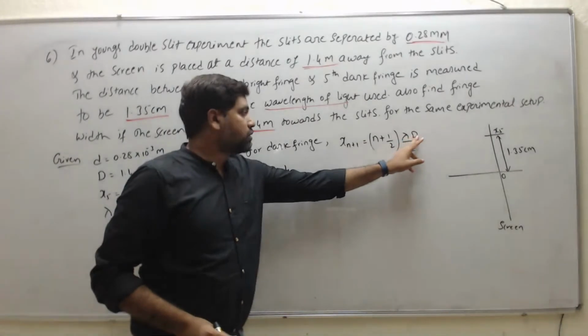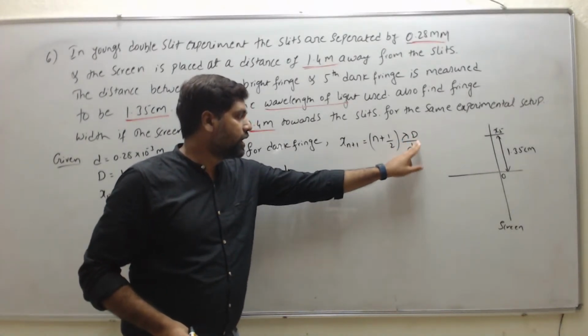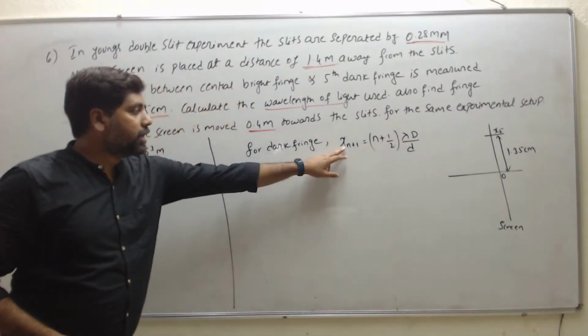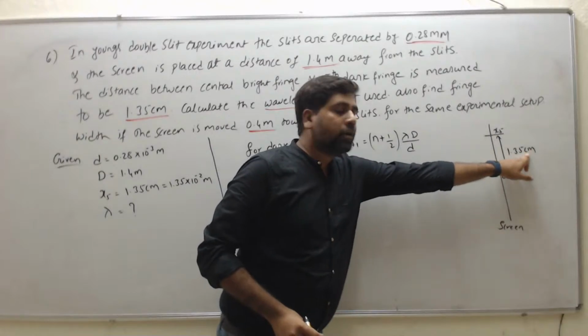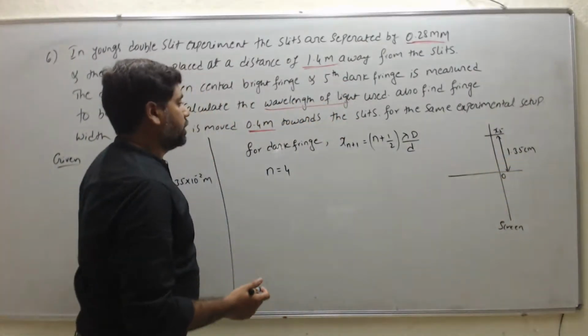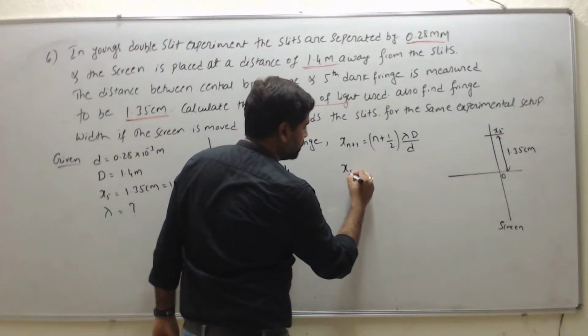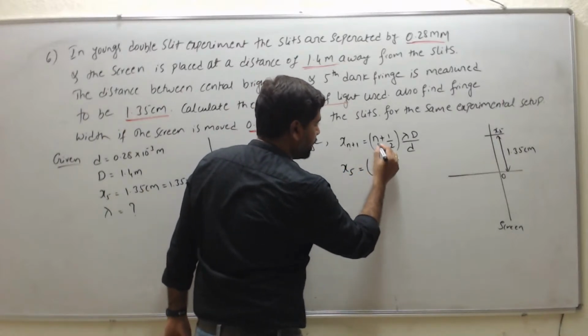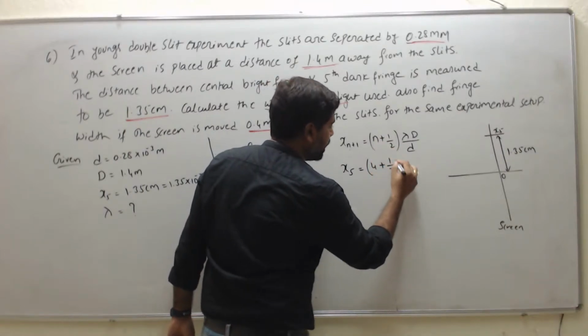So for all the remaining values, they gave capital D and small d, and also they gave the x5 distance from the central, that is 1.35. So if we write here, it becomes x4 plus 1, that is equal to 5. Here the value of n is 4, so n plus 1 by 2.